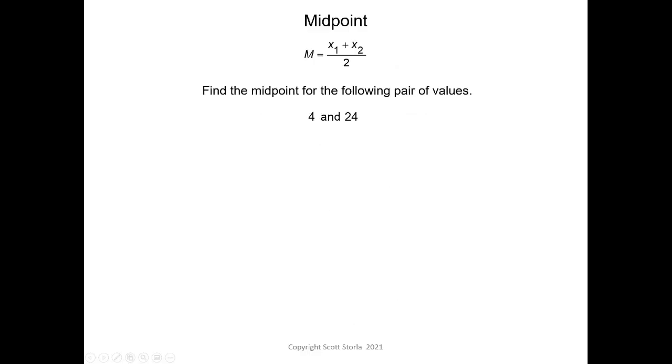Here's one for you to try. If we start with our midpoint formula and decide x1 is 4 and x2 is 24, then we replace x1 and x2 with their values, follow the order of operations, and find that 14 is the midpoint. How about this one?